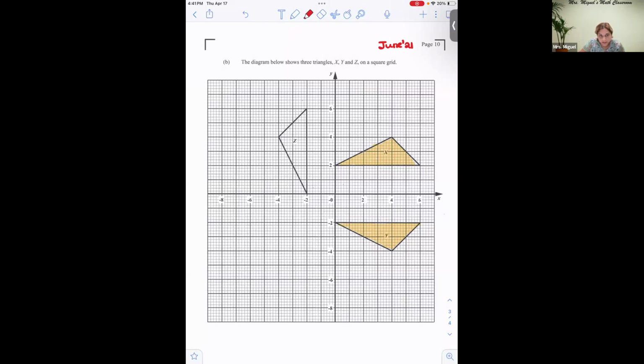So you have X and Y, and you're supposed to draw the mirror line, which is the line where X is reflected onto Y. So go ahead.